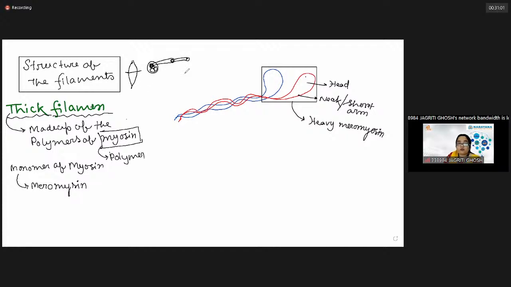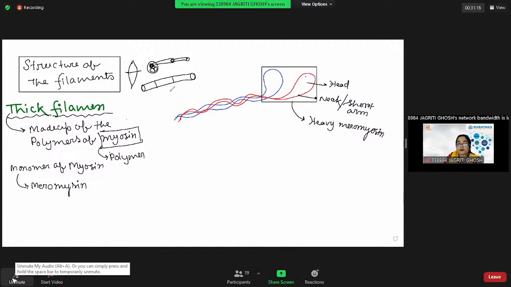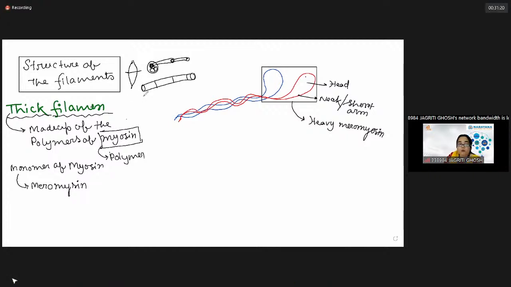If I look at one myofibril, we will be able to see compartments. These compartments are known as sarcomeres.